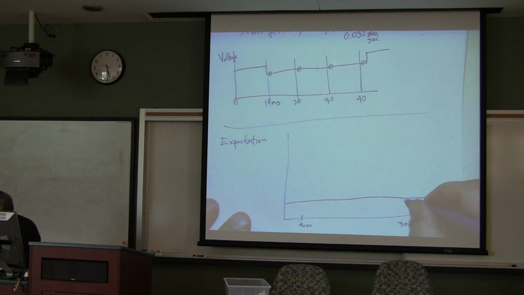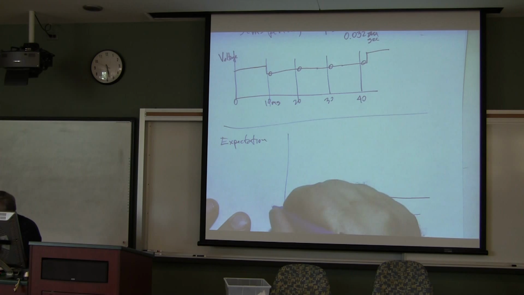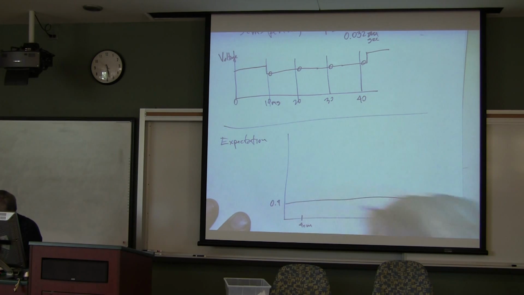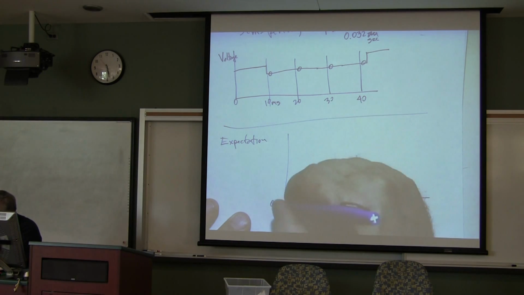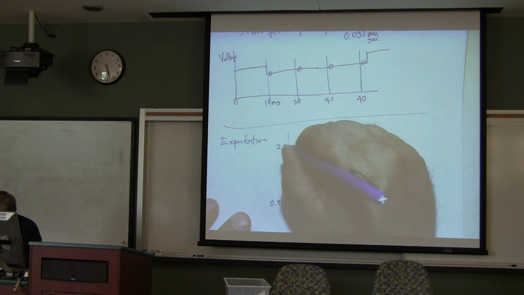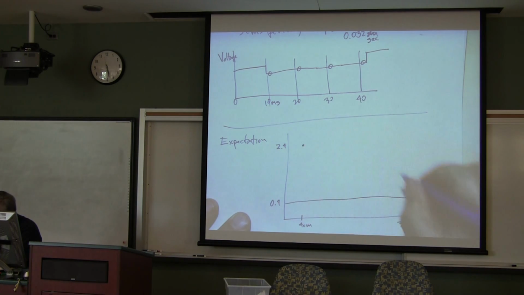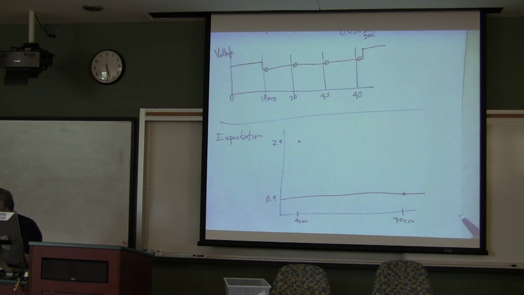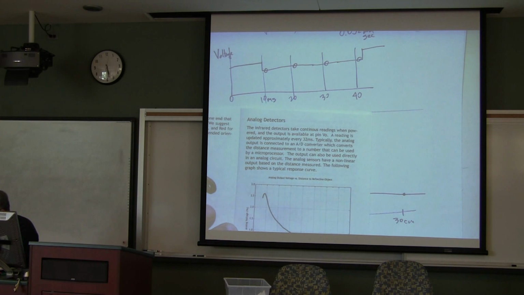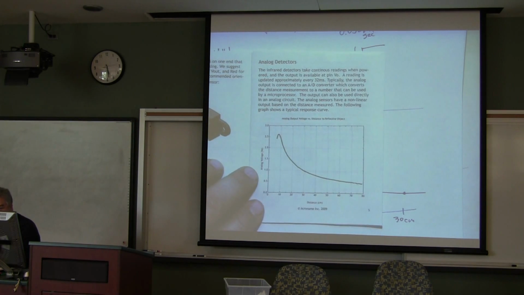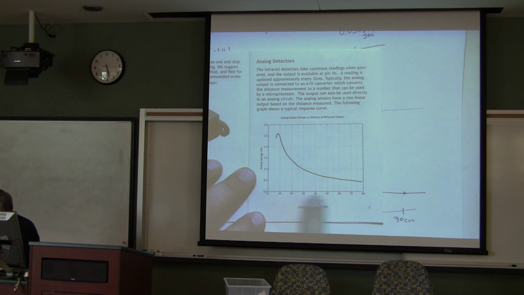It said at 30 centimeters, your typical voltage is going to be 0.4, and then the difference up here is going to be 2, so that means this will be 2.4 at 4 centimeters. Which means that this curve is somewhat representative if this number were 4 and that number were 30. We're not able to see the bottom. Oh yeah, there we go. If this number were 4 and that number were 30, that would be the typical curve.